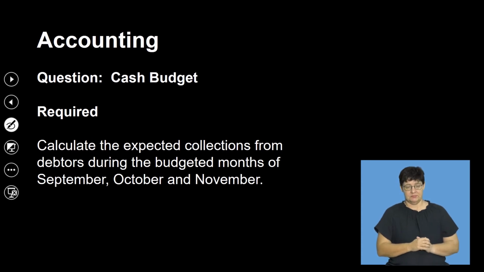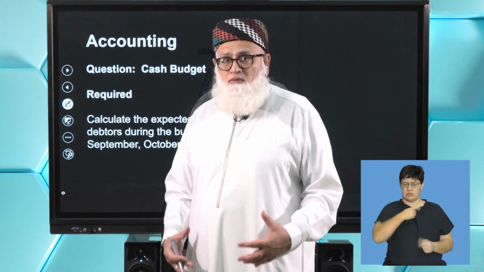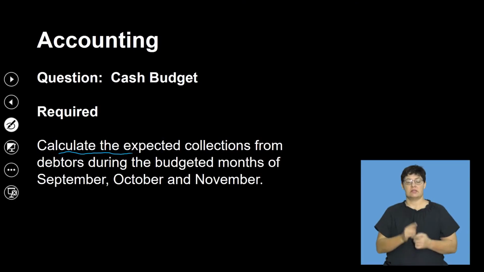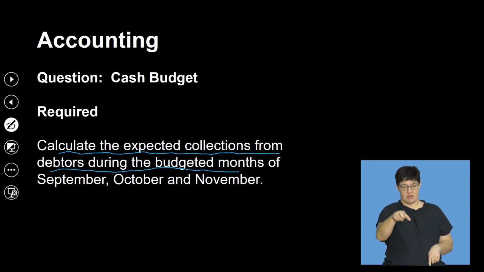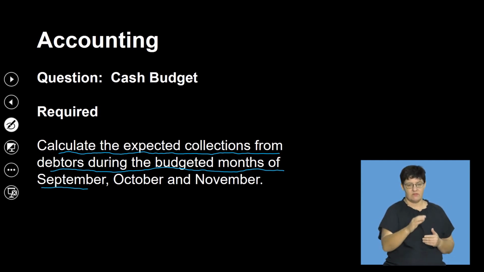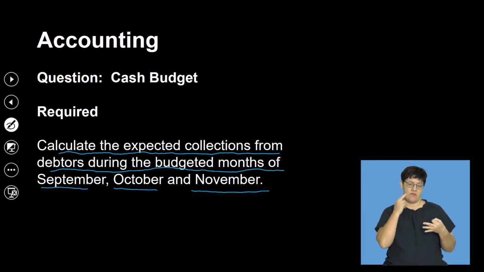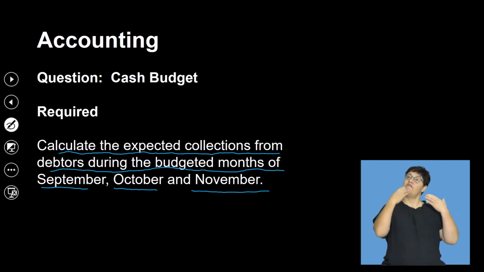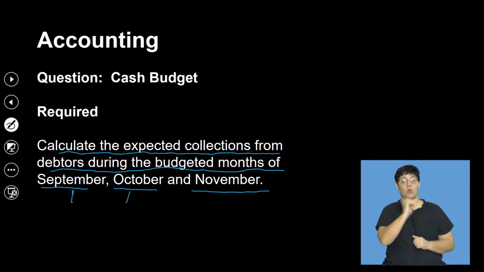Now, what is required of us? Based on that information, we are required to calculate the expected collections from debtors during the budgeted months of September, October, and November. So you're drawing up a budgeted period for September, October, and November. But once again, what I want you to see is that you do not only focus on September, October, and November.